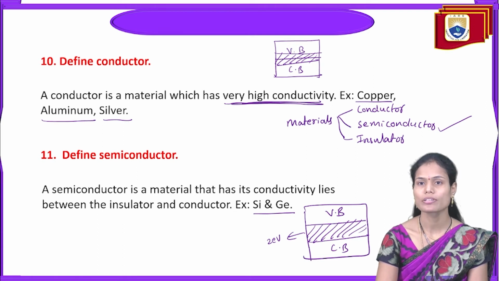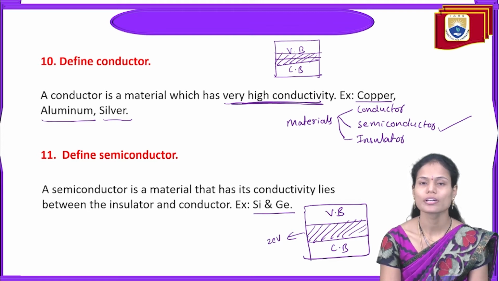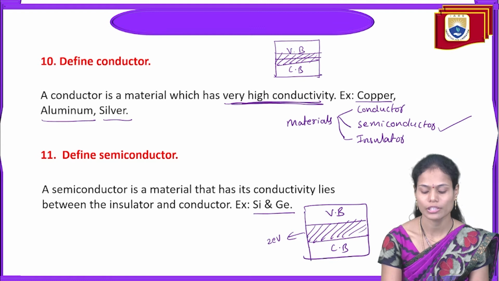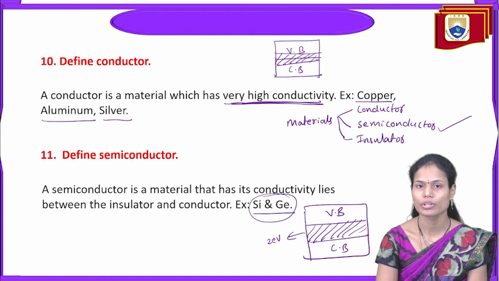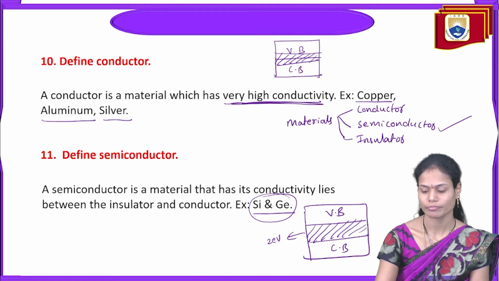Because of that reason, the conductivity lies between the conductor and insulator in semiconductor material. In almost all designing of electronic components, we utilize either silicon or germanium semiconductor materials because of their medium range of conductivity.